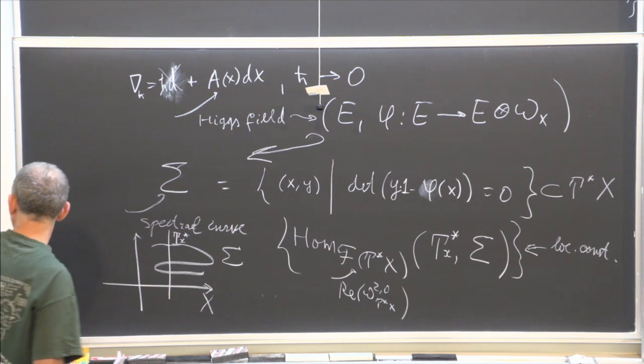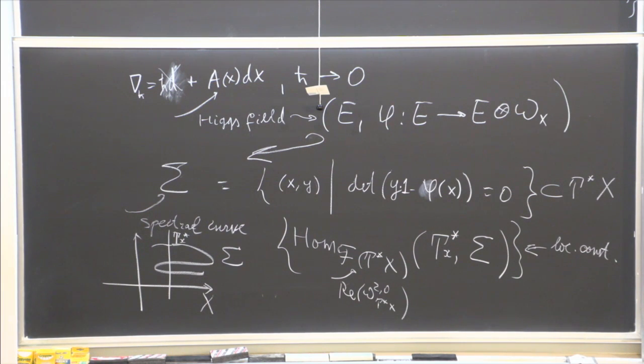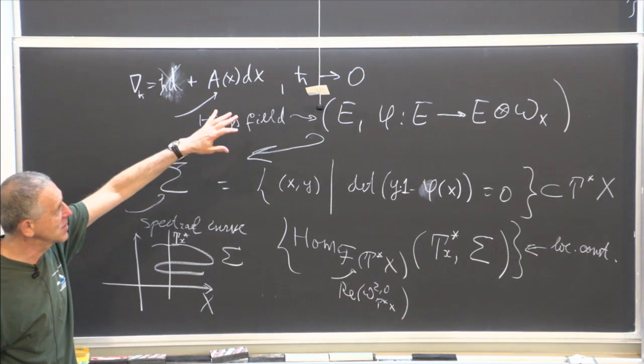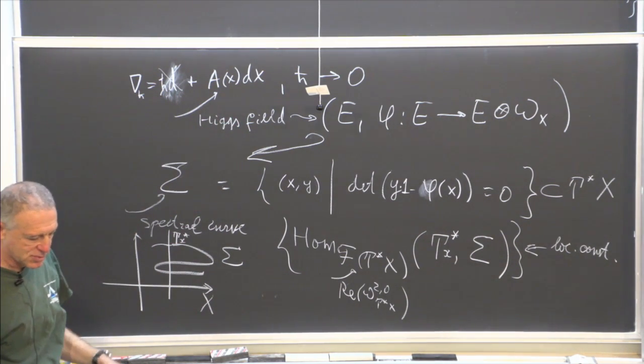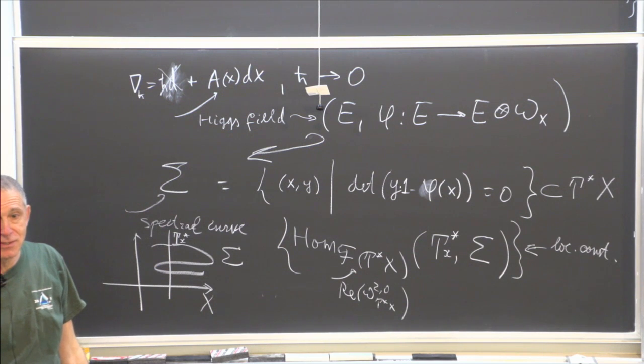You want to have a Betti understanding of the Higgs field? I want to have a Betti understanding not of the Higgs field but of local systems. So what I'm saying is that this is not the right way to think that on the Betti side of Riemann-Hilbert we have constructible sheaves.